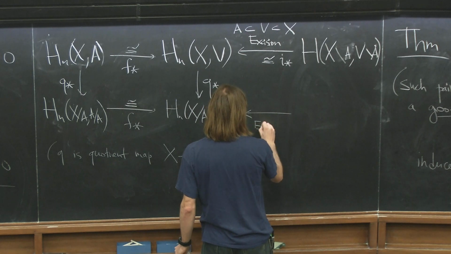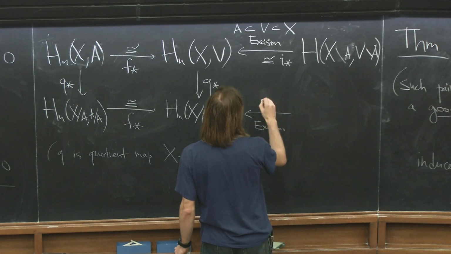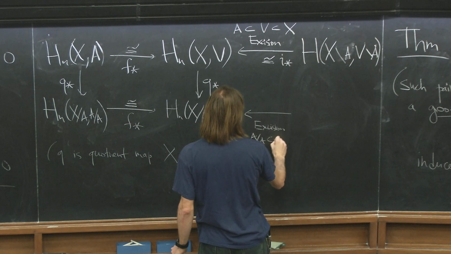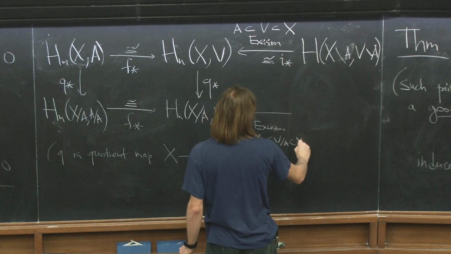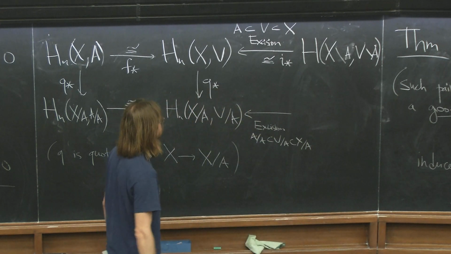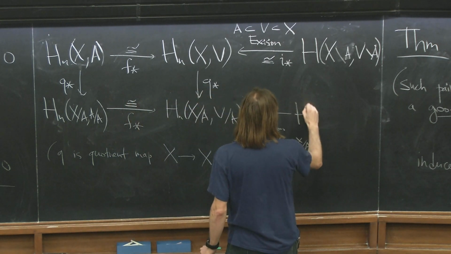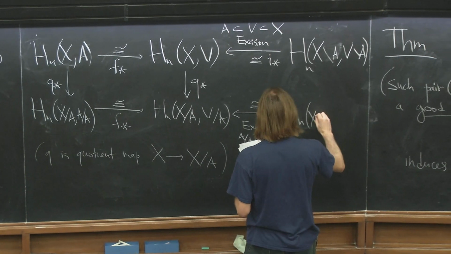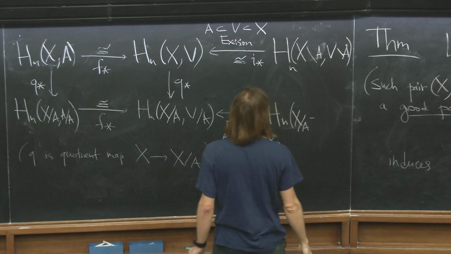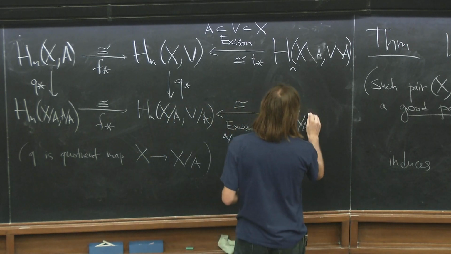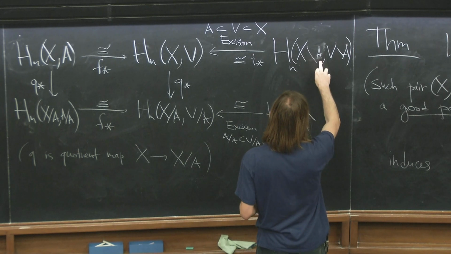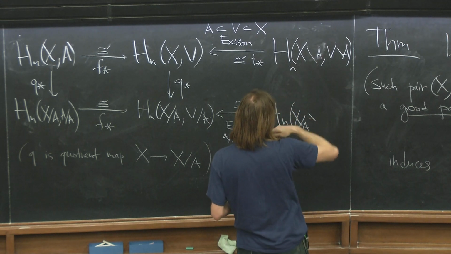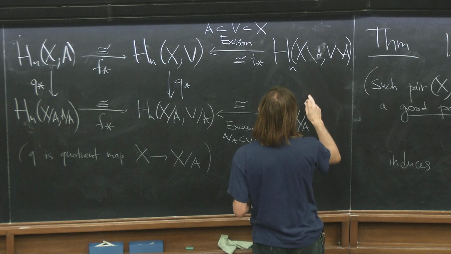So here, we use the excision theorem for the triple, again where everything is just divided by A. And here, if you consider this complement and consider the quotient of the complement, it is the same as taking the complement of the quotients, right?